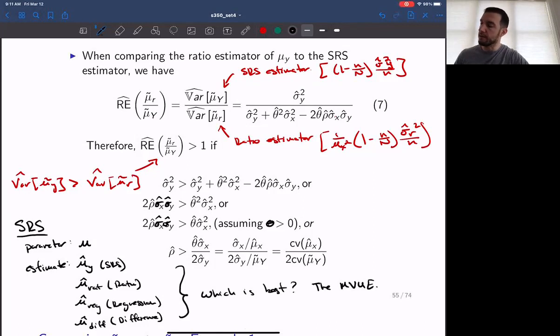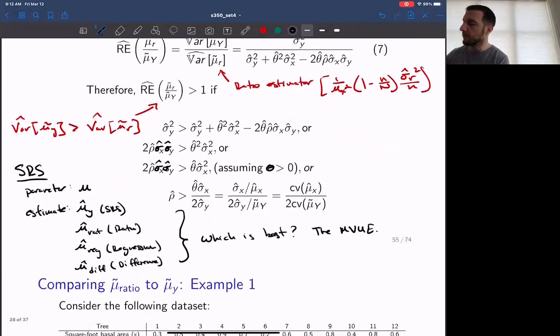And if the value is less than 1 in this case, that would mean that the variance of the SRS estimator is less than the variance of the ratio estimator. So our interpretation of the relative efficiency measure is all about a value of 1. So 1 is equality, and then from there we can be larger or smaller. And then it simply just depends on which variance is being placed in the numerator of the expression to determine which estimator has the larger variance.